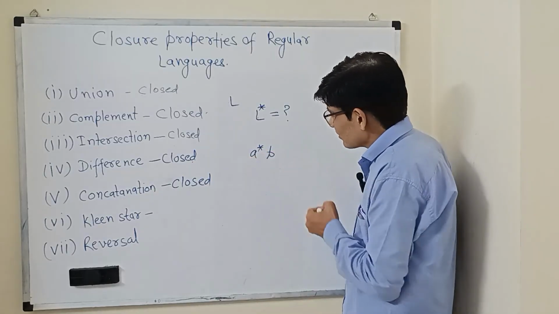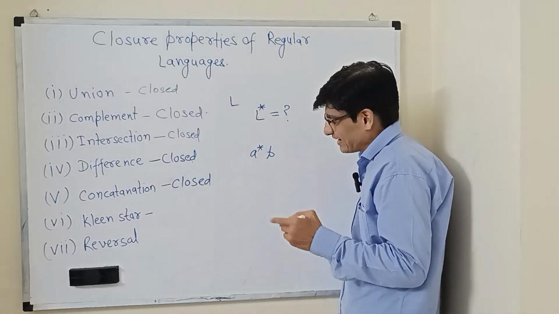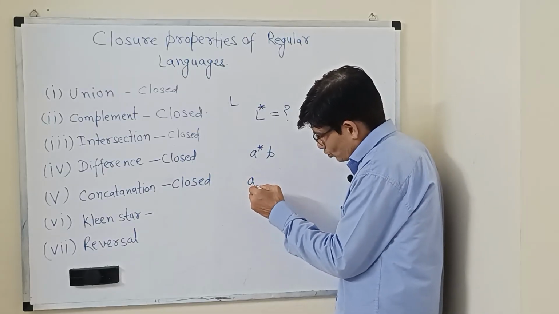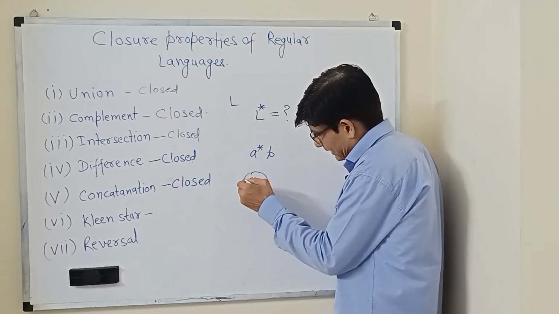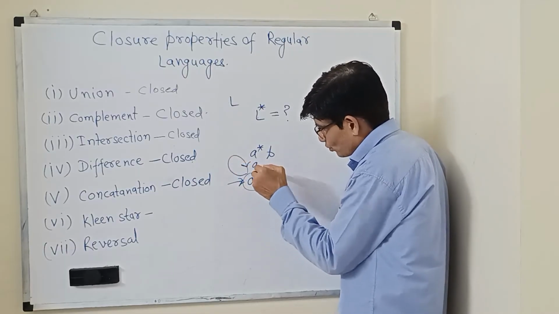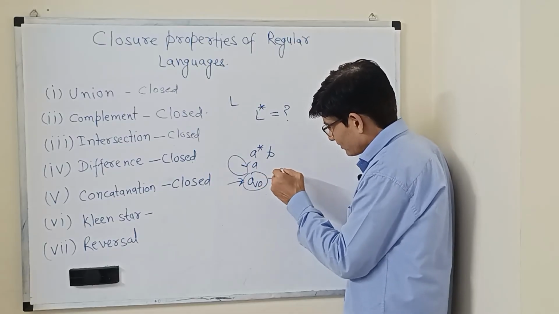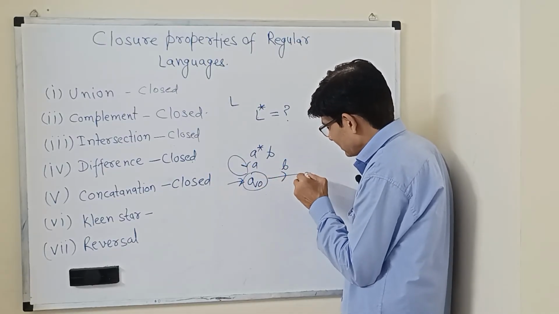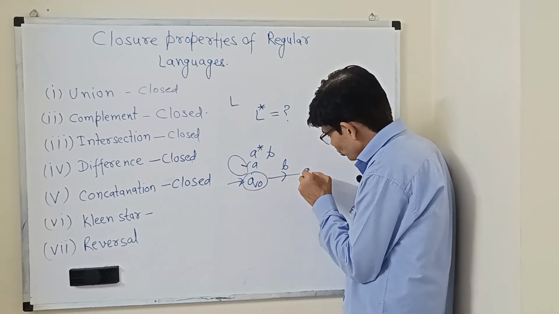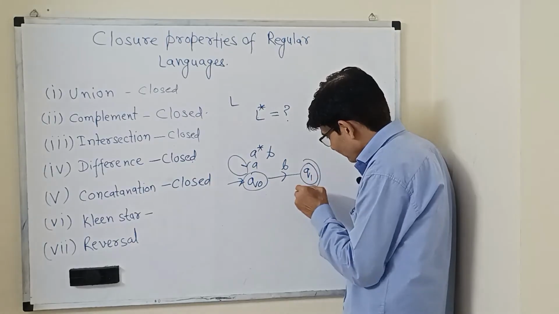If it is a regular expression, then definitely we can create a finite automaton for this. I can write Q0 as the initial state, with a self loop of A. Then I can have another transition on B to Q1, which would be our final state.